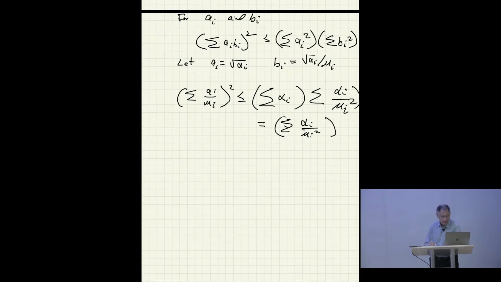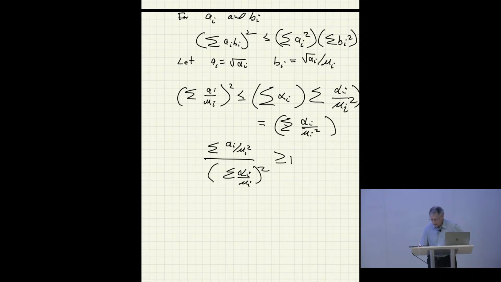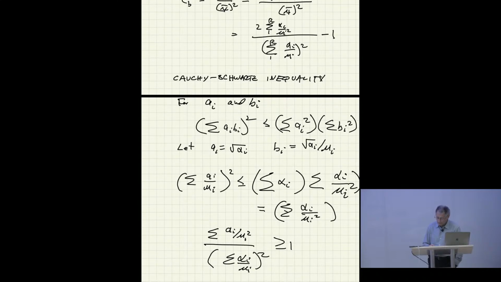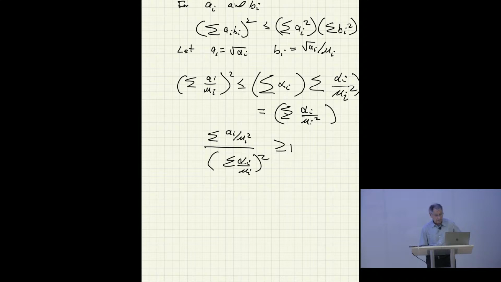Or I can rewrite that as saying that summation alpha i over mu i squared over the sum itself squared, alpha i over mu i quantity squared, is greater than or equal to 1. And in fact, that's exactly what I had up here as the coefficient of variation. So it's greater than or equal to 1.